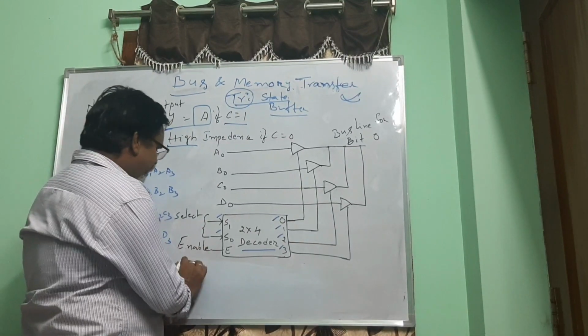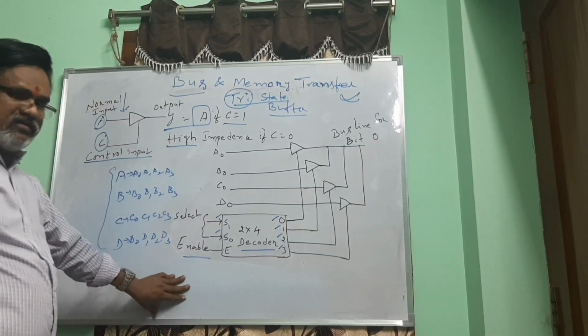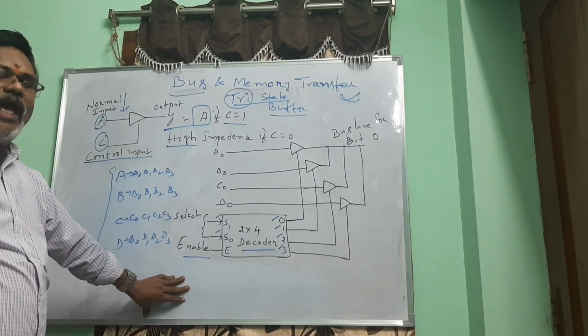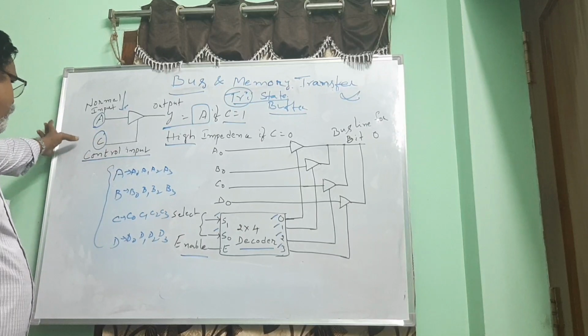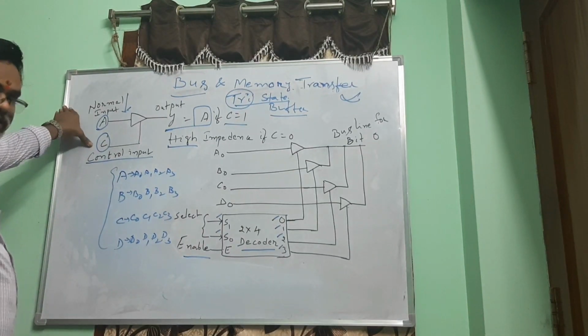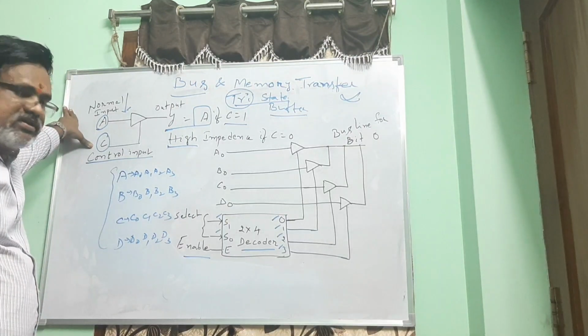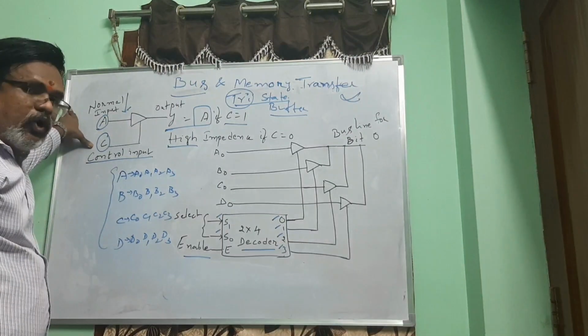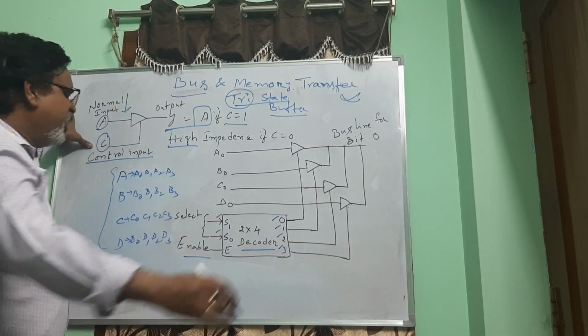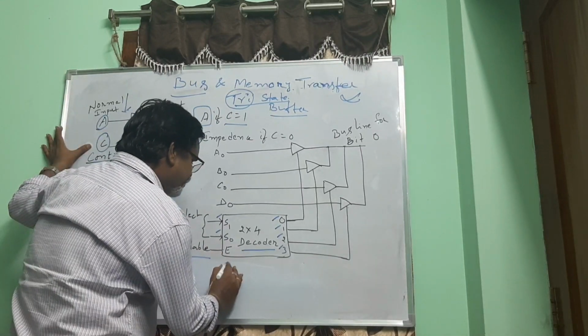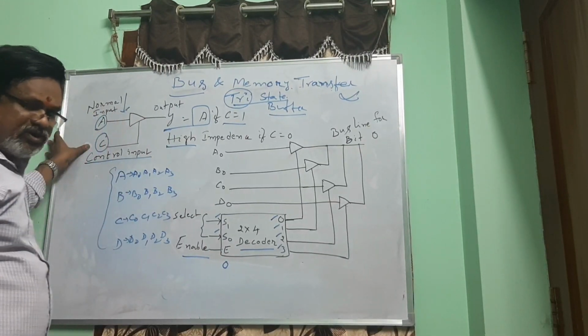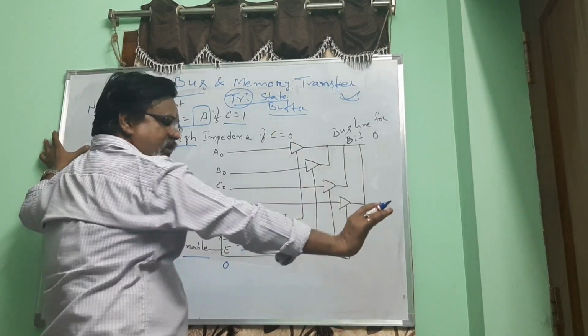Now you see here I am using a special symbol called the enable symbol. This enable symbol is nothing but the control input of your tri-state buffer. If the enable symbol is 0, nothing will be activated.